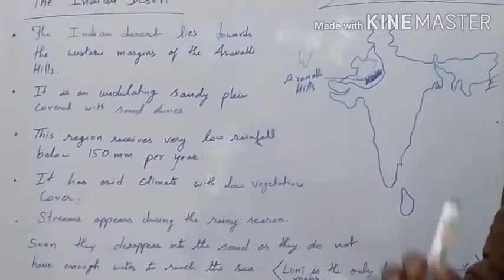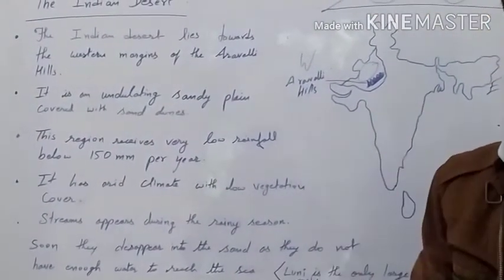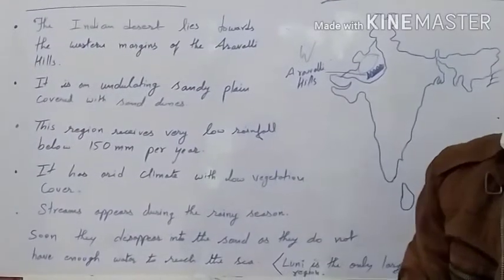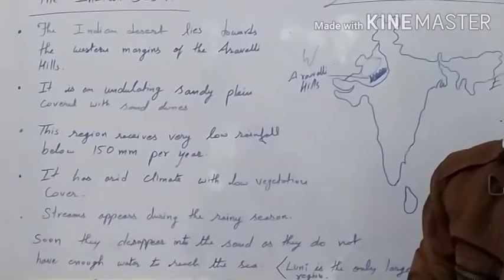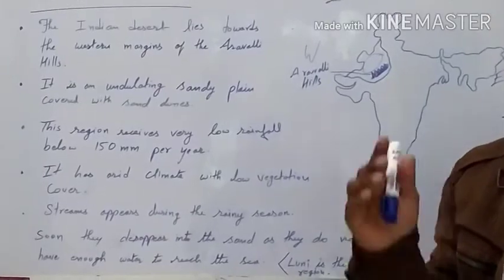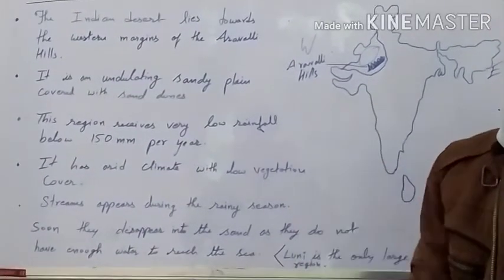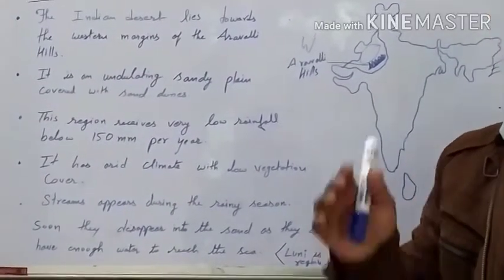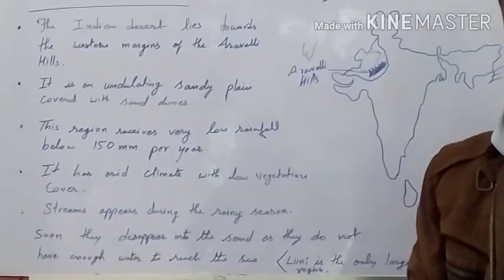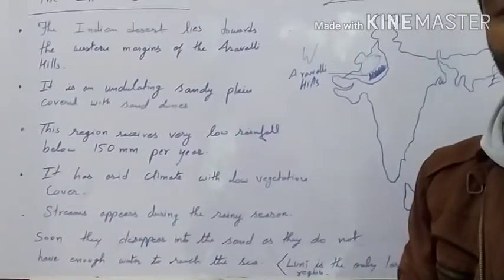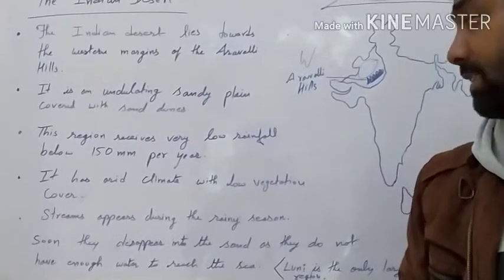Arid climate means the region experiences very high temperature, and the availability of water in the region is very low, which causes the region to become arid. Arid means where there is very little vegetation.